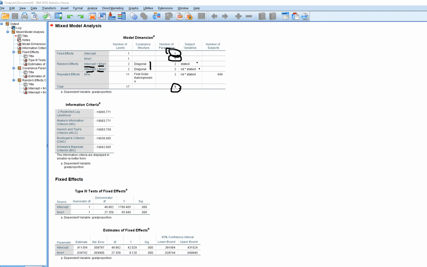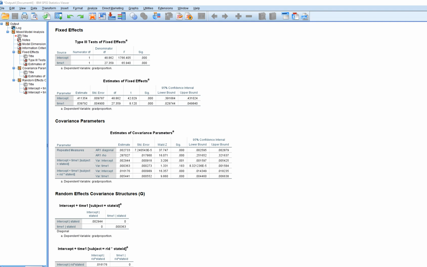And so that's why we have 2 parameters being estimated that are associated with these covariance structures. And then for the first order autoregressive structure, we're estimating the variance of the residuals as well as the autoregressive component. So there's 2 parameters being estimated there.